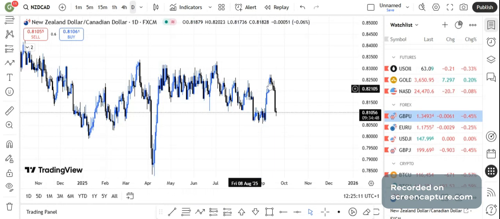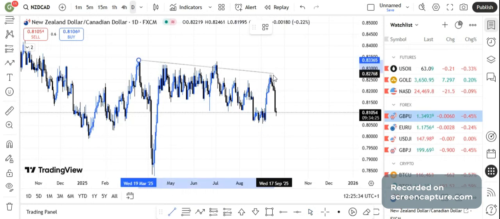How do I know price is currently bearish? If I check here, you see this. You can see this. Yeah, price is currently bearish right now.